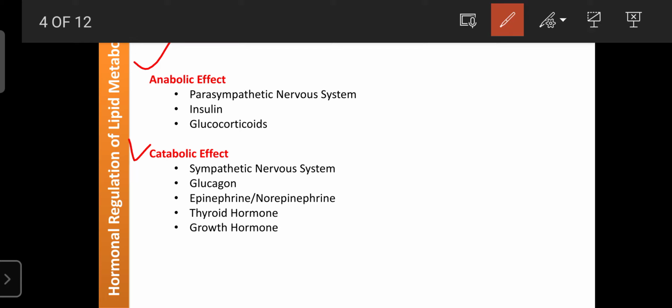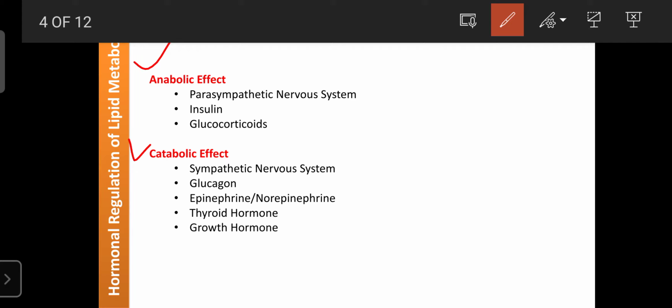So here anabolic means those hormones, substrates or molecules are involved in build-up reactions, that is, utilizing smaller molecules in the formation of larger molecules, and such an effect is known as the anabolic effect.